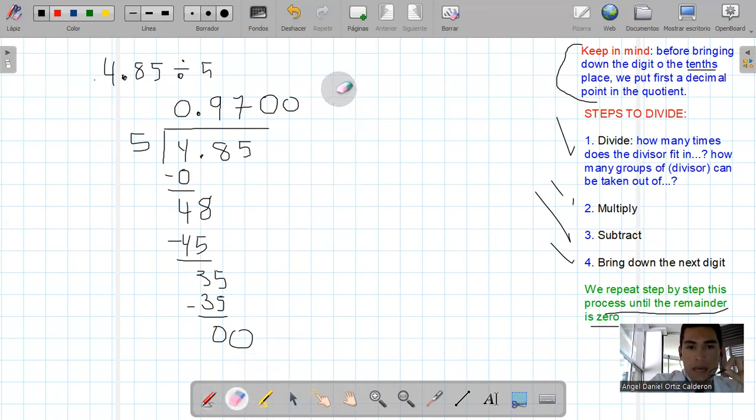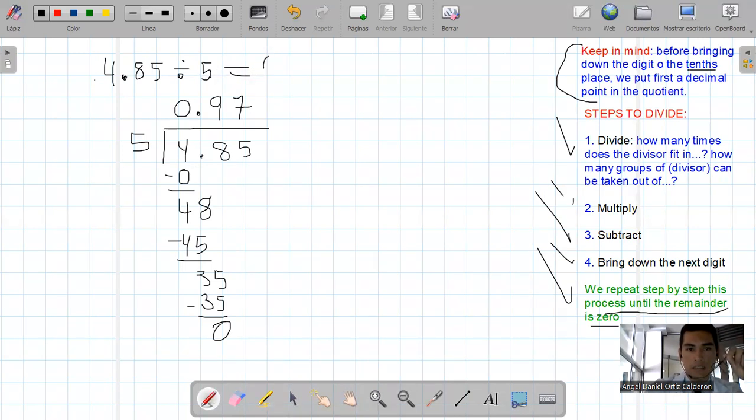But remember, having 0 in the thousandths position doesn't change the value of the quotient, right? So here, the subtraction is 0, the remainder is 0. We know that the division is over, right? So what is the result here? What is the answer? The answer is 0 and 97 hundredths.